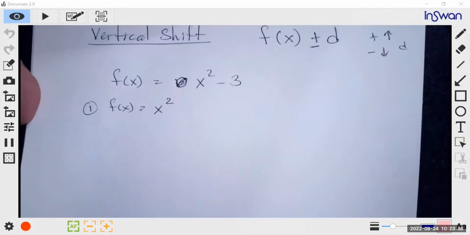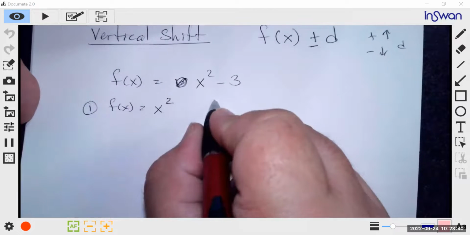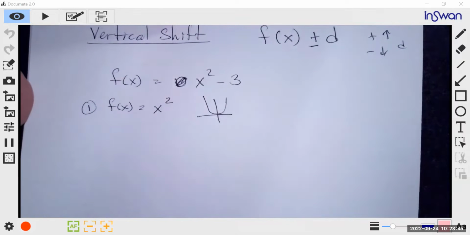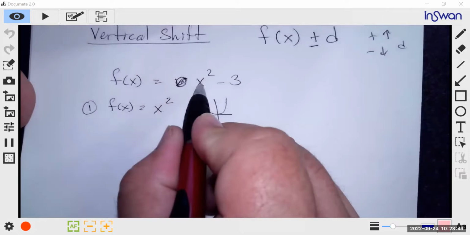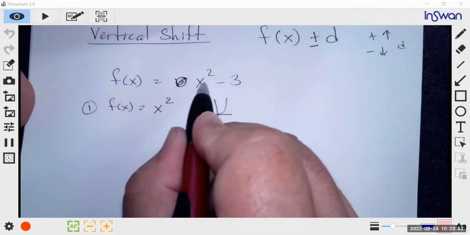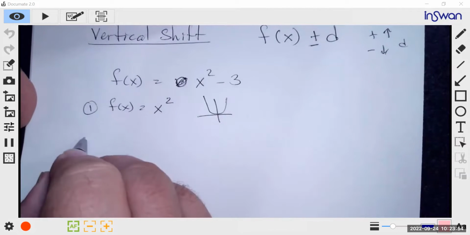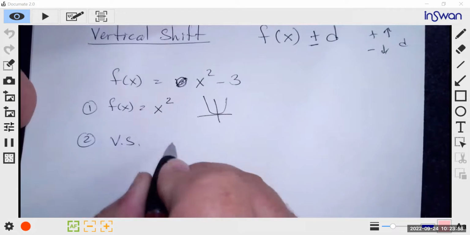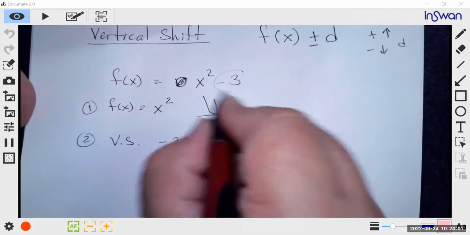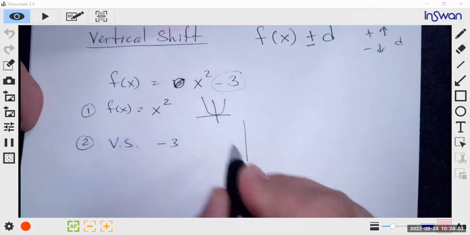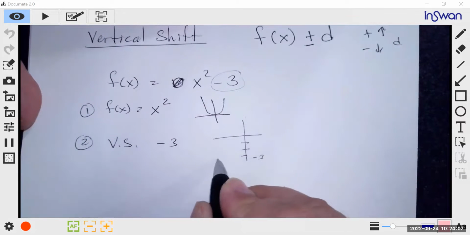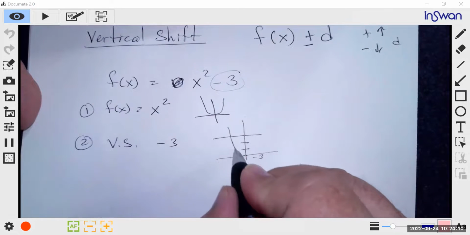X squared. That's just the x part. So we know that since it's x squared, from our library function it's that. Is there a horizontal shift? No. Is there anything affecting the x first before you square it? No. So now we look at the vertical shift. -3. So that means the entire graph goes down 3.